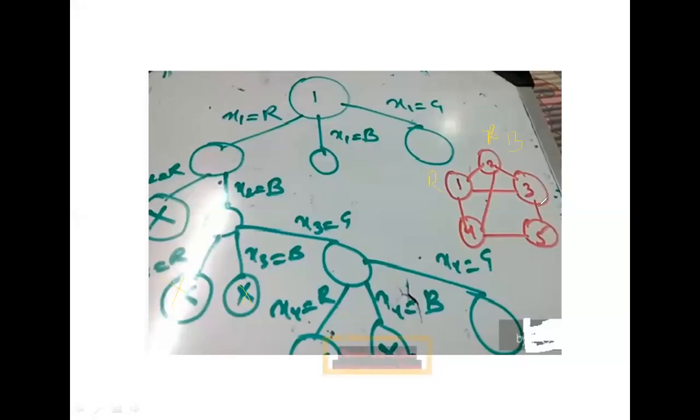So if I am coloring here, you just try all the colors first. If vertex 3 has green color, then you can move with black or red, because these two are possible here.